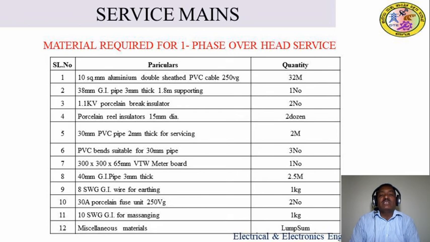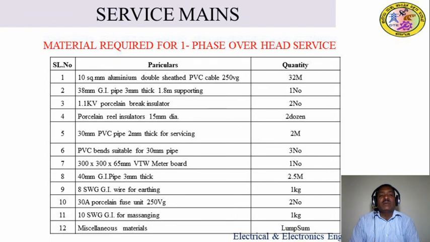Next, for fixing the energy meter, the dimension available in the market is 300 into 300 into 65 varnished meter board, 1 number. Next, 40 mm GI pipe 3 mm thickness, 2.5 meter is required for earthing.